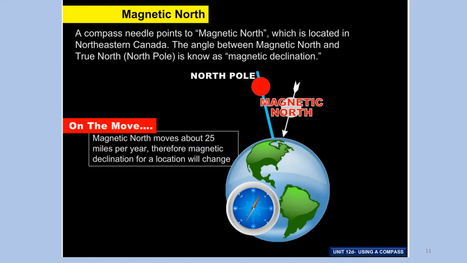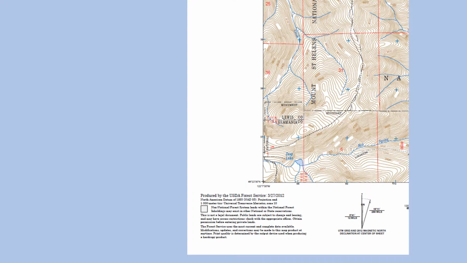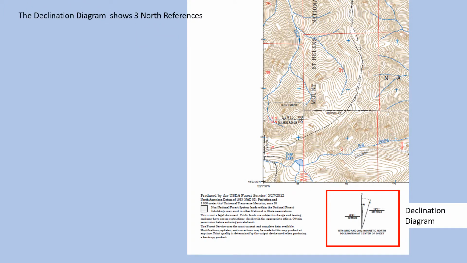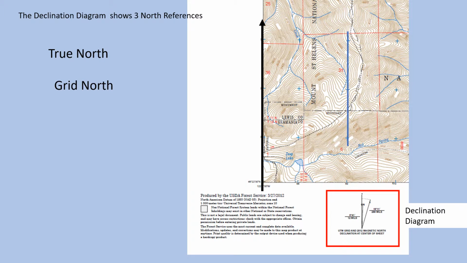A compass needle points to magnetic north. The angle between magnetic north and true north is known as the magnetic declination. The declination diagram shows 3 north references: true north, grid north, and magnetic north.